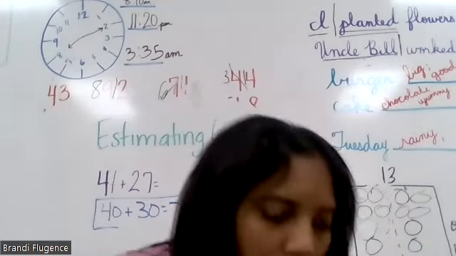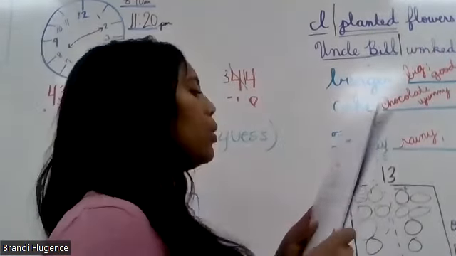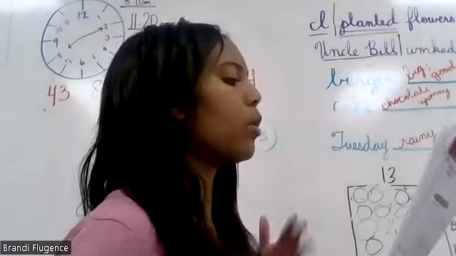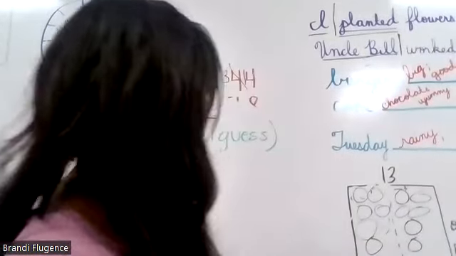All right, 98. So look at it. Number 2, it says circle the best number sentence to estimate the sum of 23 and 57. That's what we were doing.